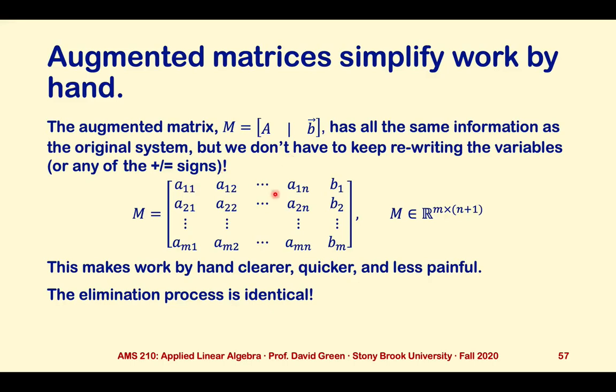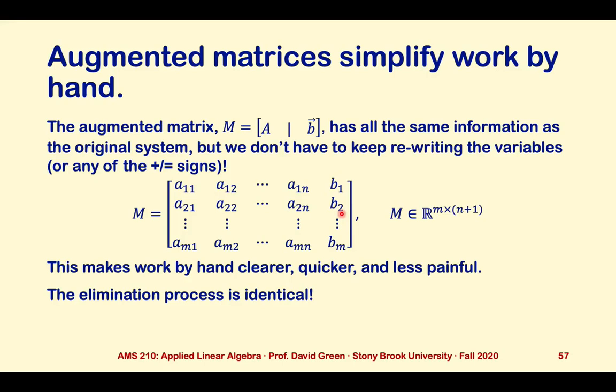And I'm going to just avoid rewriting those same variables every single time, the equal sign every time, the addition signs for adding every term. And this simplified notation makes work, especially by hand, clearer, because you don't have to have all of this extra text buried in your work.